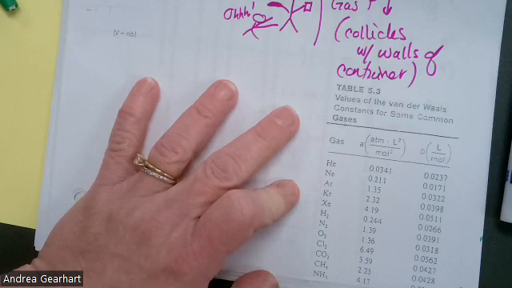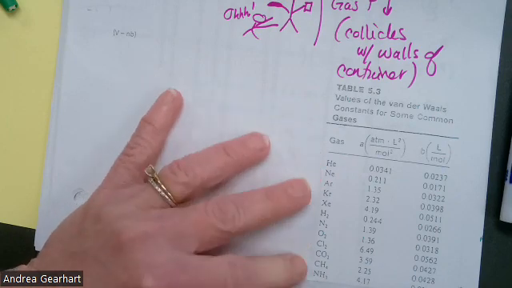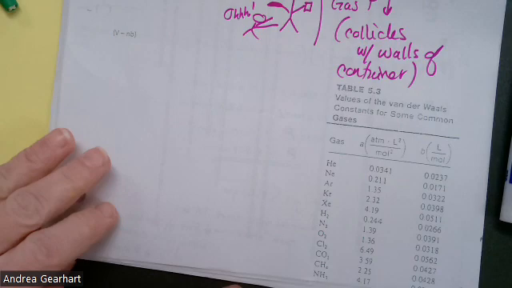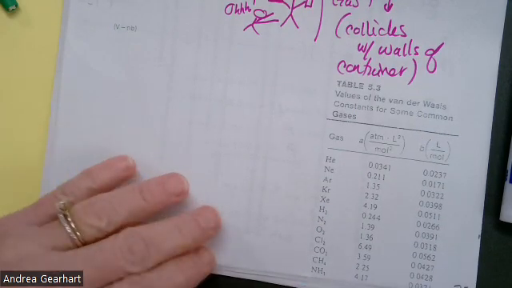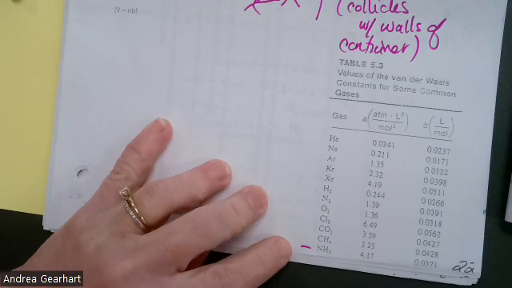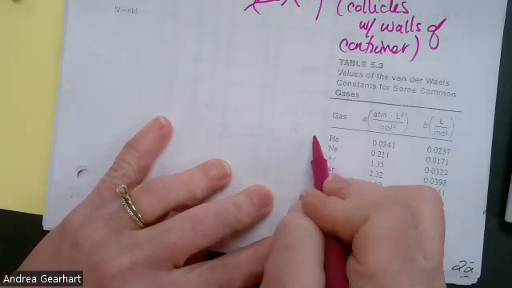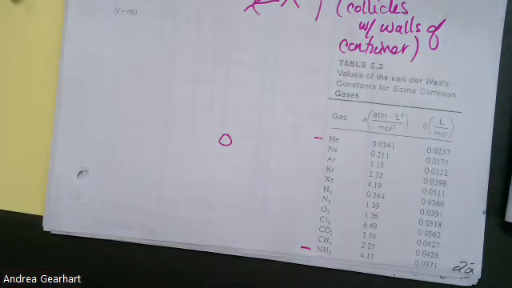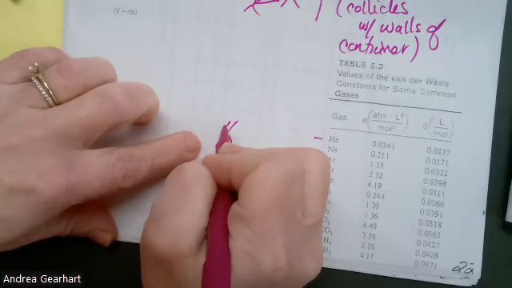Isaac, choose one here that has a large a value, and which has a small one in relationship to that. Excellent. Helium, monoatomic, small atom.